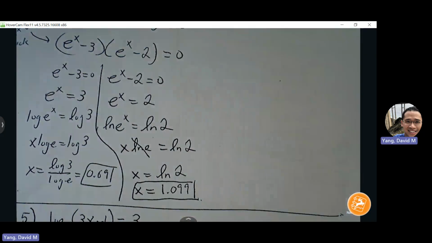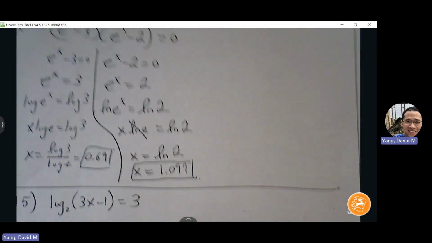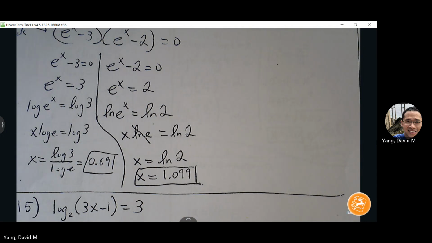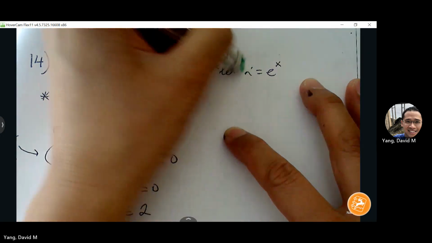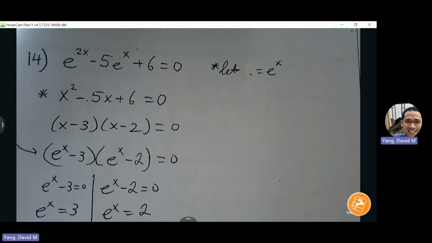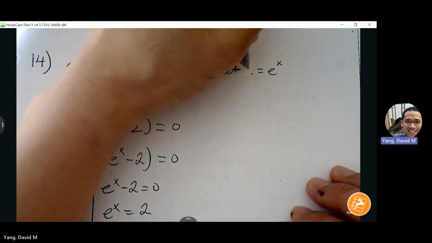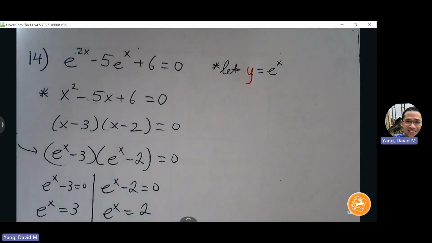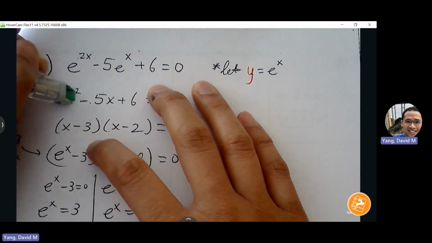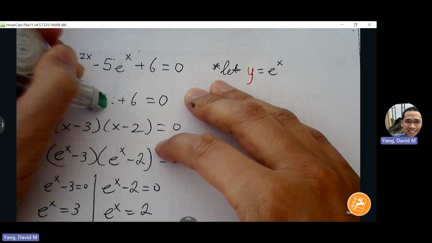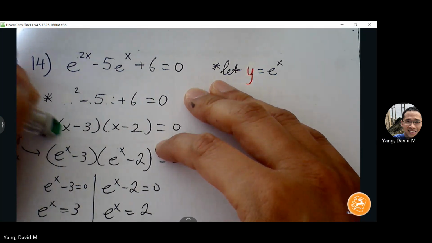Okay, 2 more, 14 and 15. Okay, 14, do you recognize what we need to do there? Yeah, making a quadratic equation. And then factor that quadratic equation, and you can bring back your e to the x.